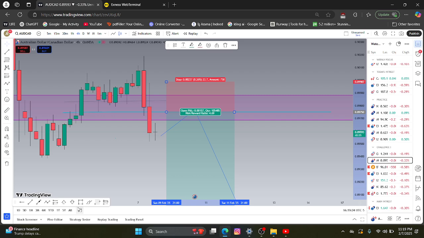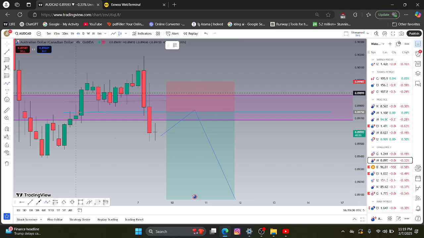You can see even in the four-hour time frame the same thing is happening. Sorry for my flu. There's an M pattern being formed here. You can see the same thing I was saying. The market broke, meaning it already retested that zone. Then it retested and filled up this gap also.